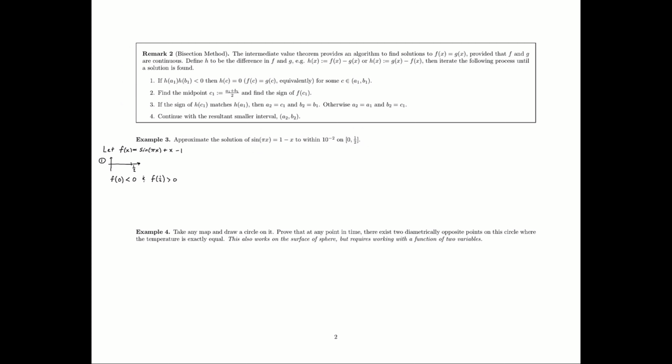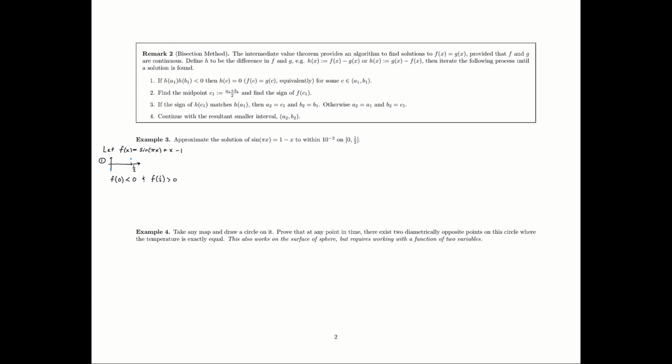So I'm going to illustrate this by putting just 2 dots. Again, this is not drawn to scale. I'm not saying what these actual values are. I'm just showing that at 0, we are below the horizontal axis, and at 1/2, we are above the horizontal axis. And then we know there has to be some solution somewhere in between.